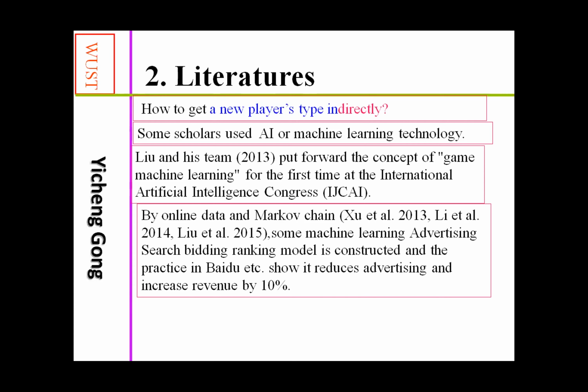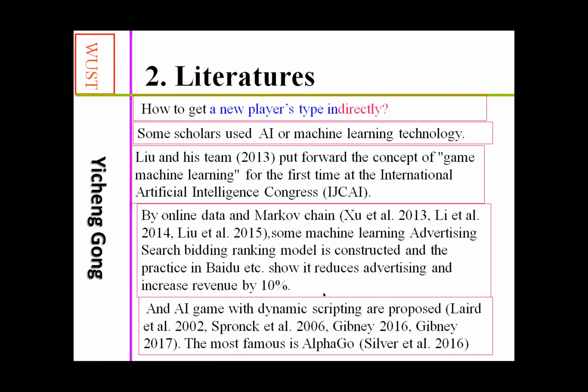and Liu Tieyan, etc. in 2015, they constructed some machine learning advertising search bidding ranking models and put the model in practice in Baidu, etc. The research shows it reduces advertising cost and increases revenue by 10%.